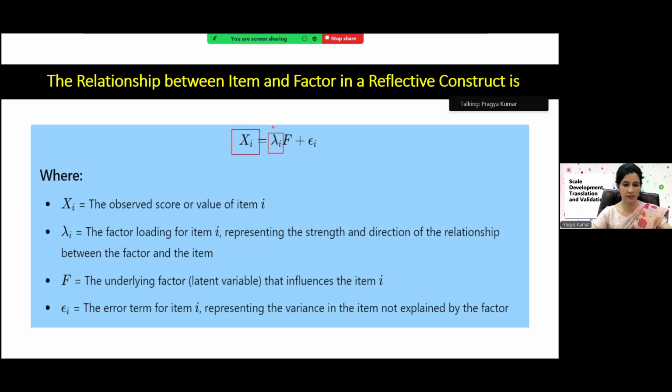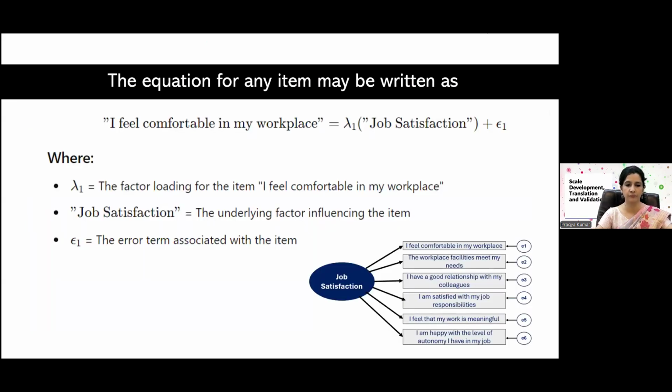I hope you have understood, so I'll go ahead now. Similarly, how can you write the equation for the item "I feel comfortable in my job"? This lambda will be my loading, job satisfaction is my factor, and this will be my error.